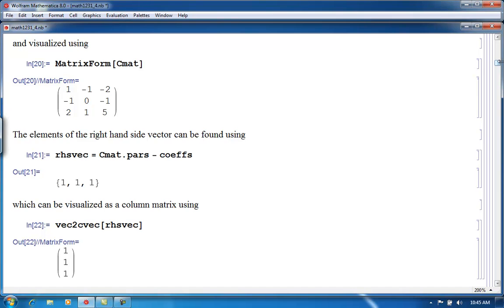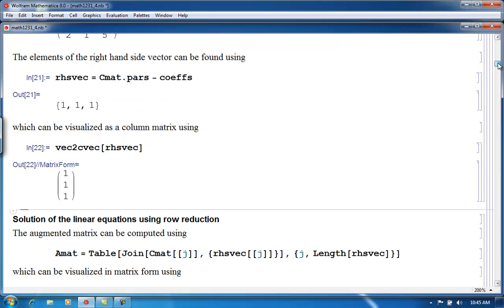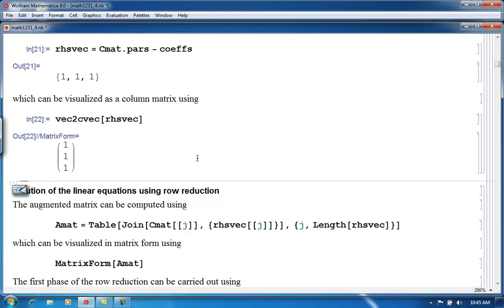So we've reduced the problem to finding the solution of that set of linear equations, and we do that using row reduction. To do that, we need to construct the augmented matrix, and for each row of the matrix, we add the corresponding element of the right-hand side vector.